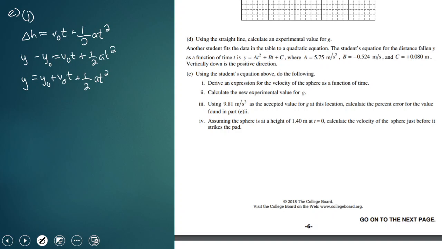Now if you notice, I'll outline this in orange. This equation that we got is a quadratic equation. And so this is a common trick that we use in math: when you're given a polynomial to a certain degree, you can match the coefficients of like terms, of terms with the same degree.